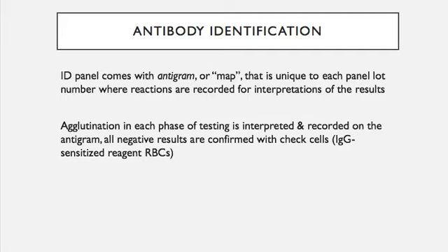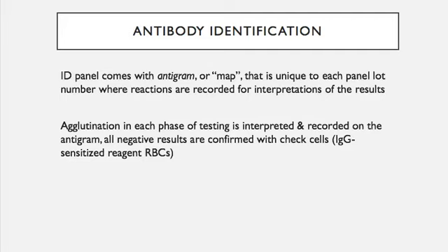Okay, the ID panel comes with the antigram, just like the screening cells do. And that antigram, or that map, is unique to each panel lot number. So those antigrams are not interchangeable between the different kits or packages of panel cells.